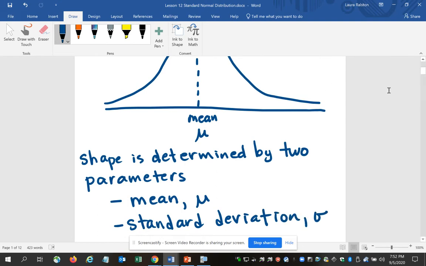And so you can use any value that you can possibly think of for the mean and any value you can possibly think of for the standard deviation except 0. So when you have an infinite number of choices for the mean and an infinite number of choices for the standard deviation, and you can do that in any combination, you have an infinite number of normal distributions.